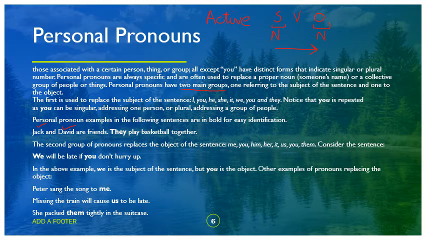Now, if you pay attention to this sentence here, we will be late if you don't hurry up. Now, you can see that the action is transmitted from the subject to the object. So here, we will be late if you don't hurry up. Of course, this is a conditional sentence, but we will not go into the complexities of it.